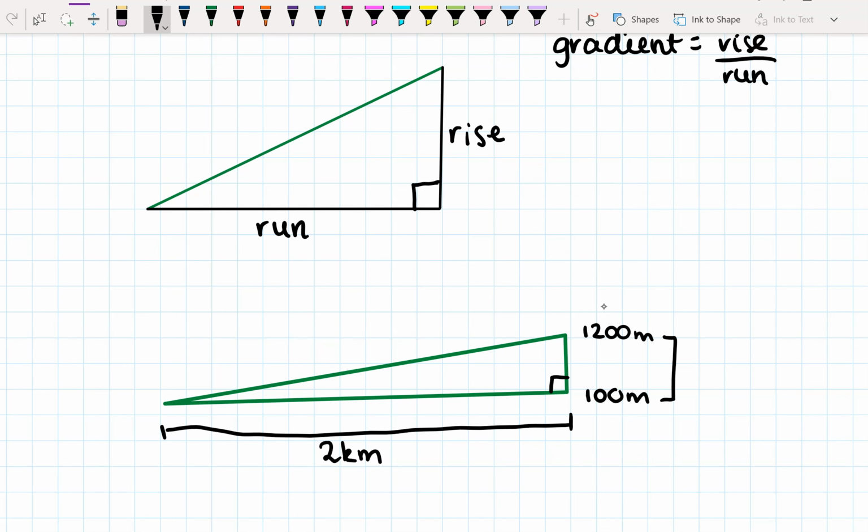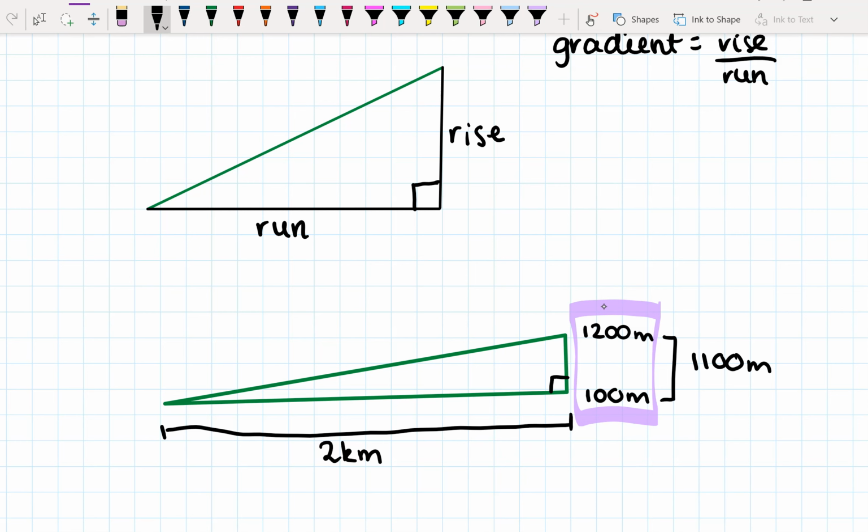The first thing you need to do is calculate the actual vertical displacement, how high this road has gone over here on the right. That's pretty easy because you've got 1200 meters minus 100 meters, which leaves you with 1100 meters.